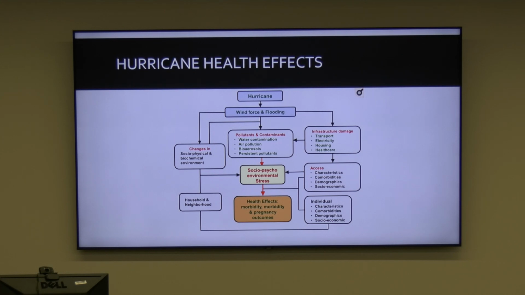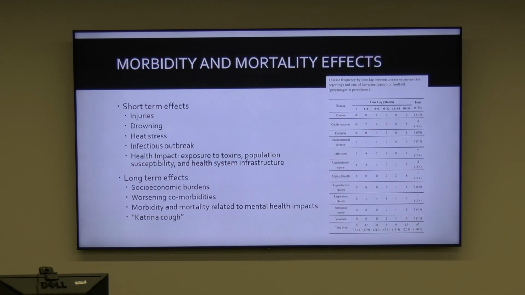So the big thing that I want us to understand about hurricane health effects is really that it doesn't just affect one aspect of healthcare. It affects several different aspects of healthcare, so it can be a very complicated disaster and very difficult to treat as a result.